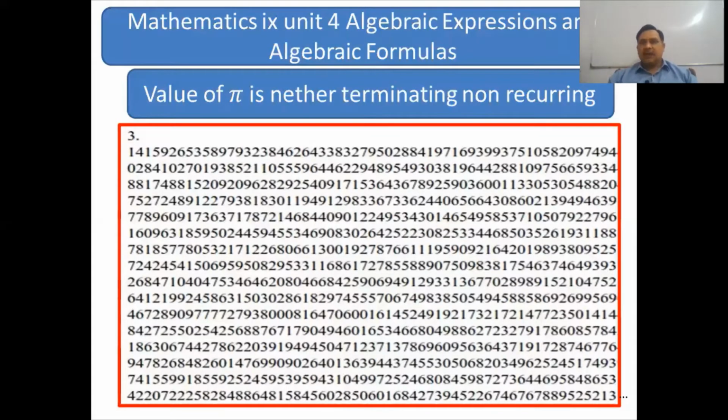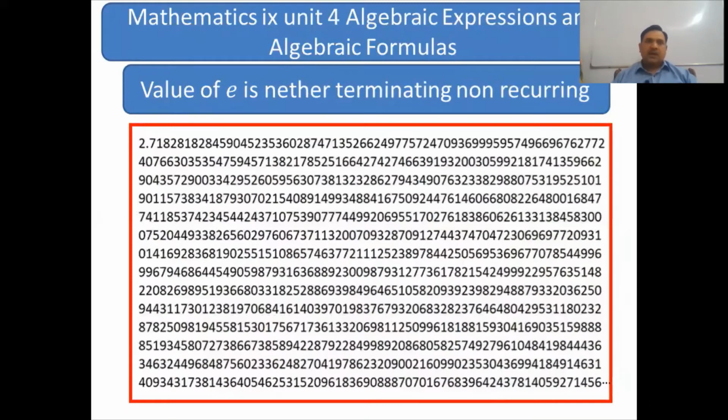Here the value of pi is neither terminating nor recurring. You can see that no set of numbers is repeating again and again. So pi is an irrational number.